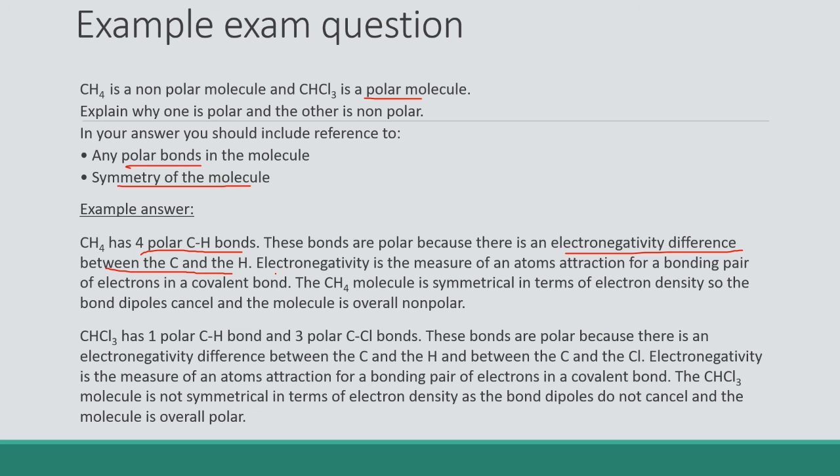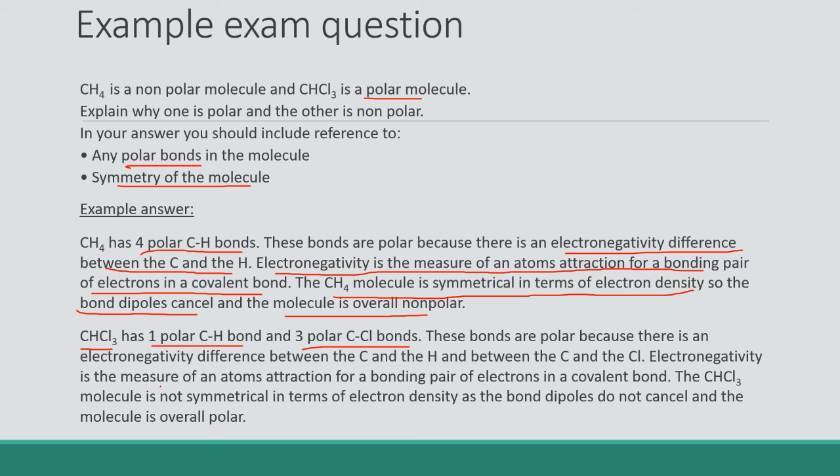And you can define electronegativity as the measure of an atom's attraction for a bonding pair of electrons in a covalent bond. So we can just throw that definition in, show that we understand what electronegativity is.